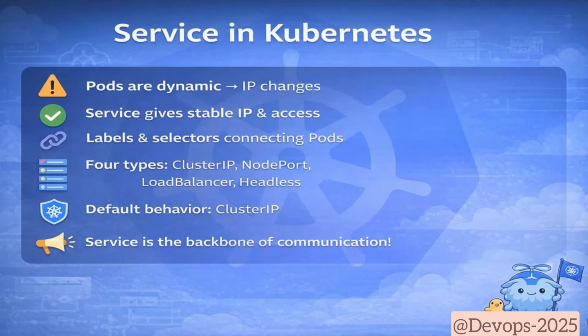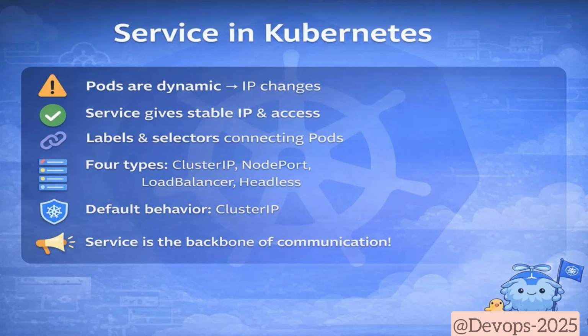Then let's see what happens if a pod is deleted. If a pod goes down, the deployment creates a new pod. The new pod gets a new IP. However, the service IP remains the same. So communication continues without change, which means nothing will be interrupted. That is where Kubernetes gives stability with the help of the service, so we can access the application without interruption.